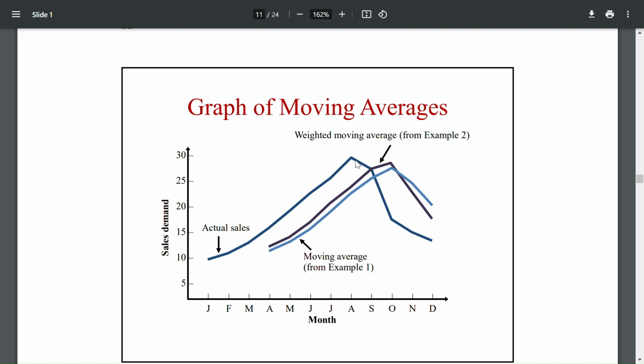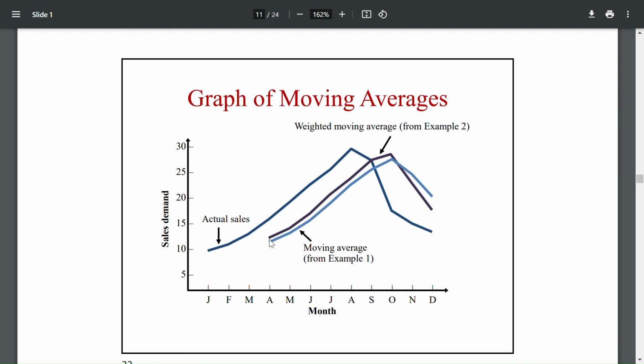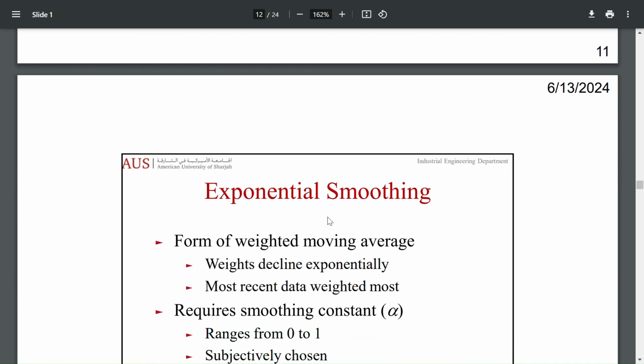The difference between the actual values and the value predicted by the weighted moving average is very small, as opposed to the moving average. That's why it's a bit better approach, but still it's not good enough. As you can see, it's not matching the actual sales, so it's not really predicting the sales perfectly.